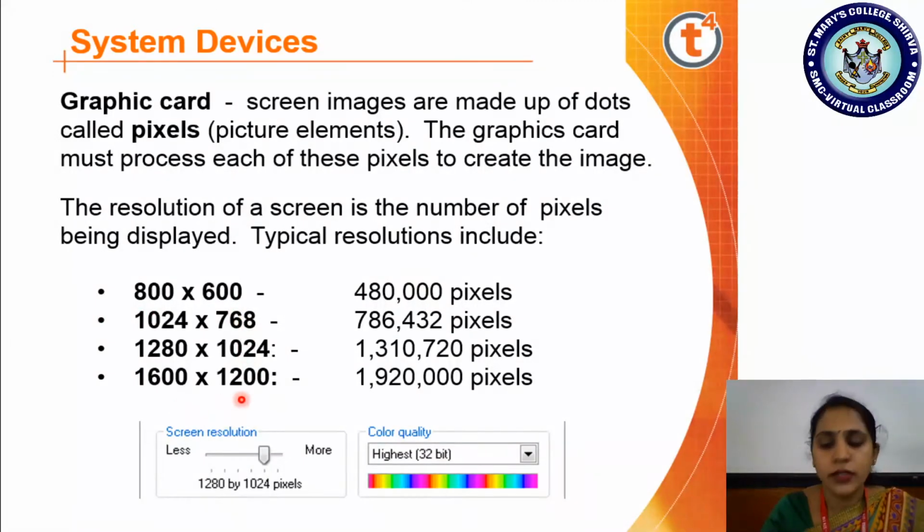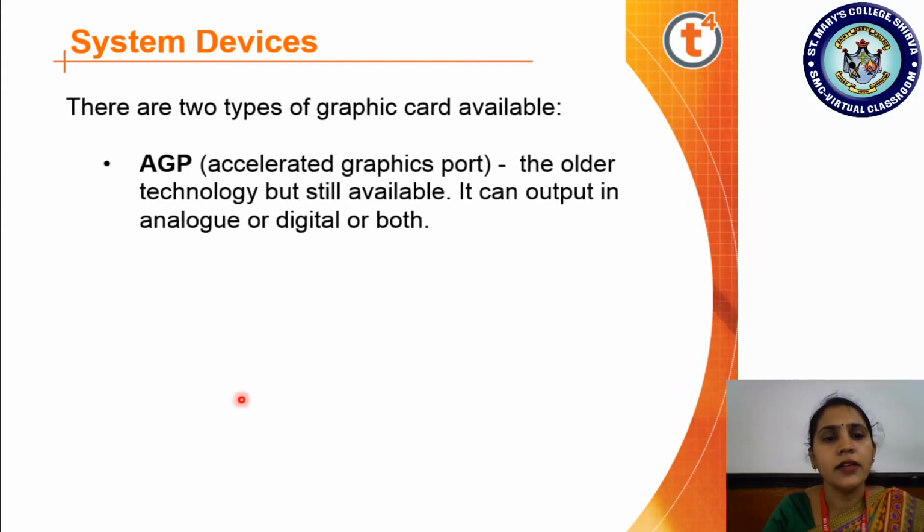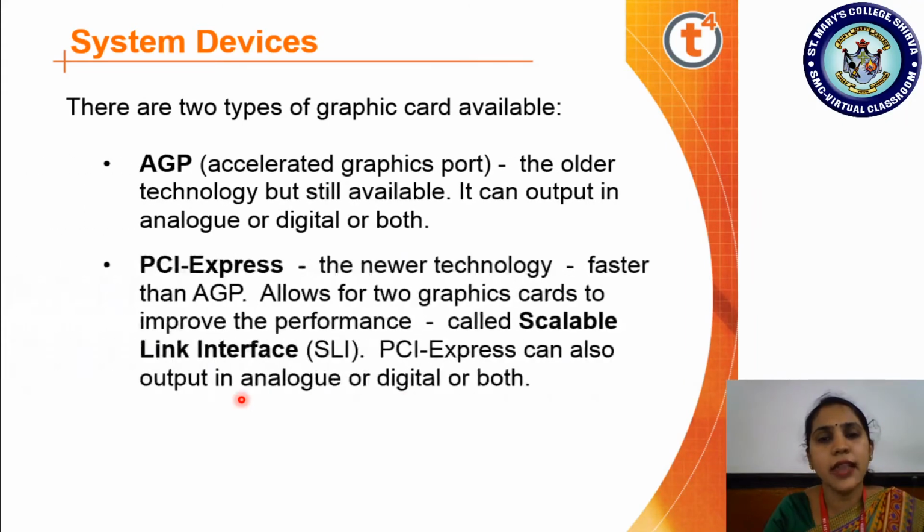Okay, that is the slight information about the graphics card. And there are some categories of these graphics cards, like AGP and PCI Express. AGP is accelerated graphics port. It is actually a very older technology and still it is available.